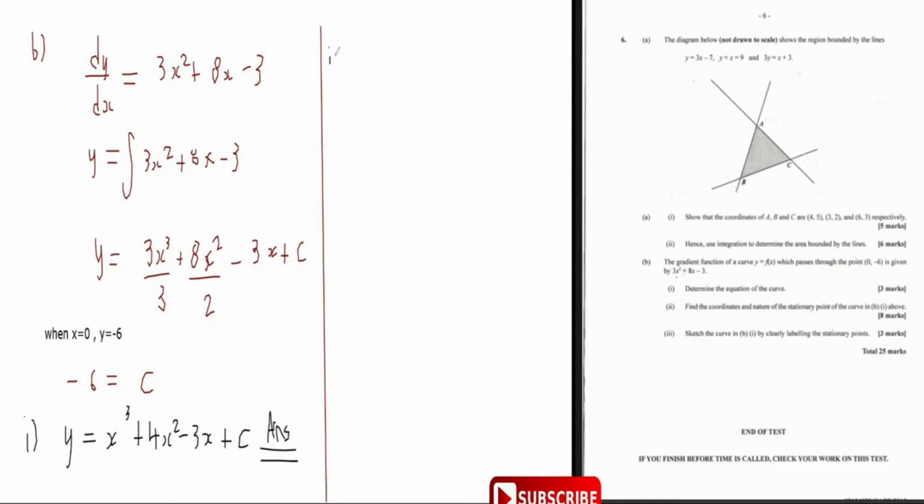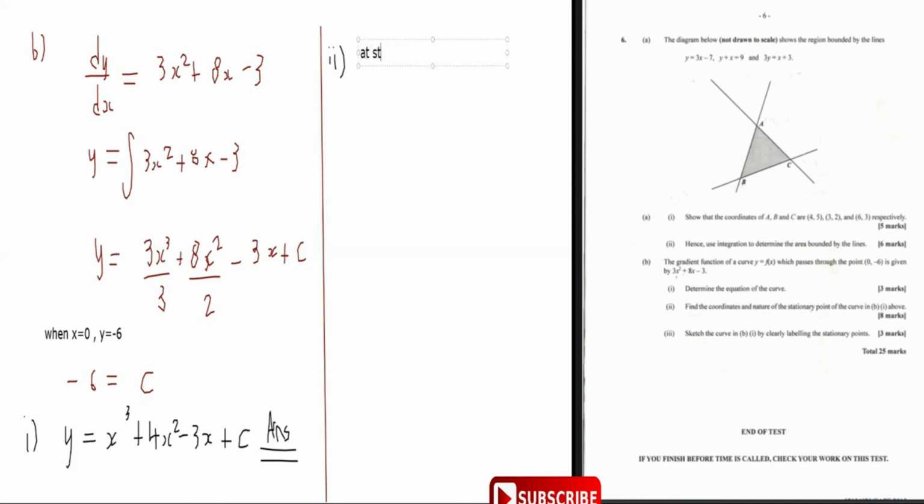Part 2. Part 2 is, it says find the coordinates and the nature of the stationary point of the curve in part 1 above. So we need to find the stationary points. To find the stationary points, we solve dy by dx equals 0. So you can write that down.